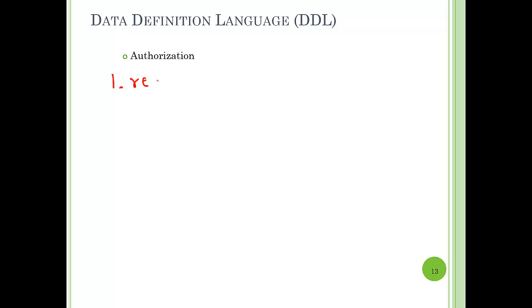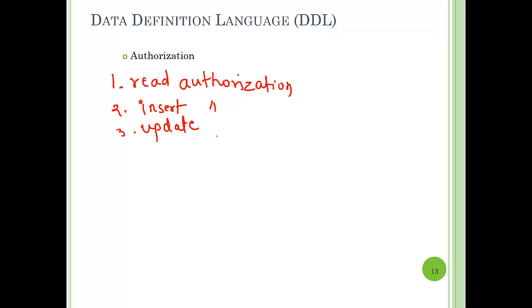We have read authorization, then write authorization, or insert, then the third one is update, and delete. So authorization is nothing but access to the database.